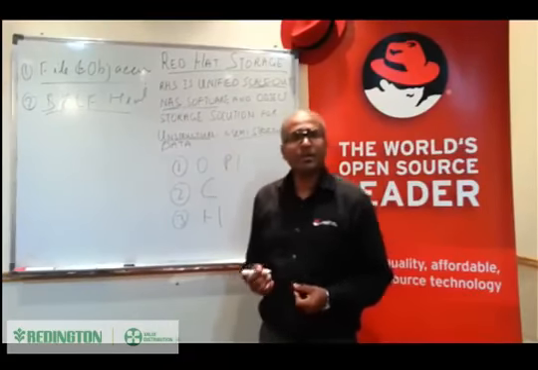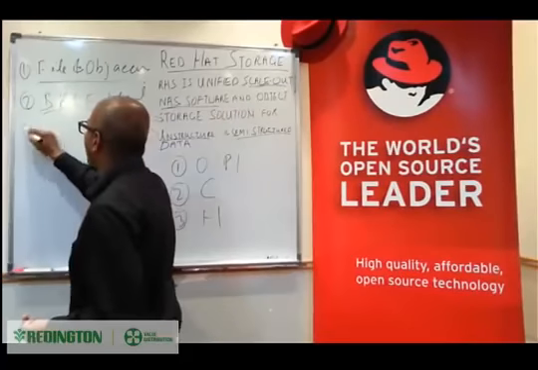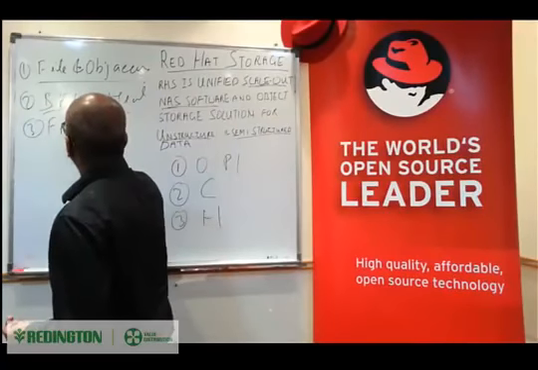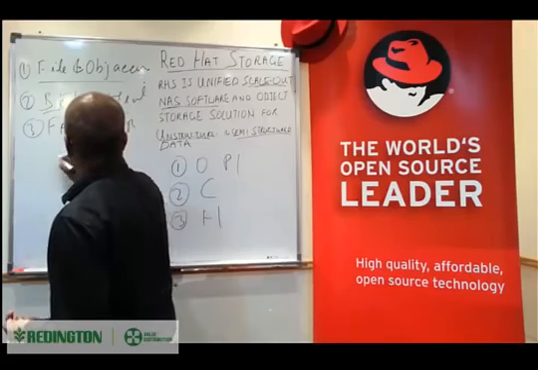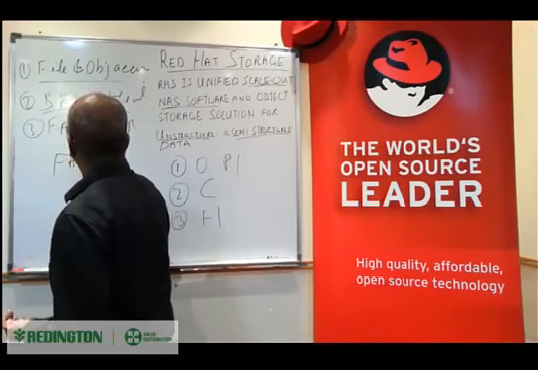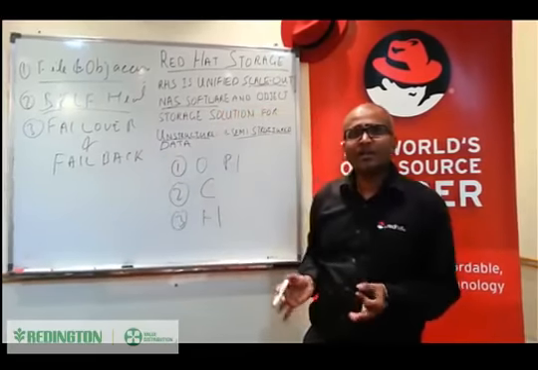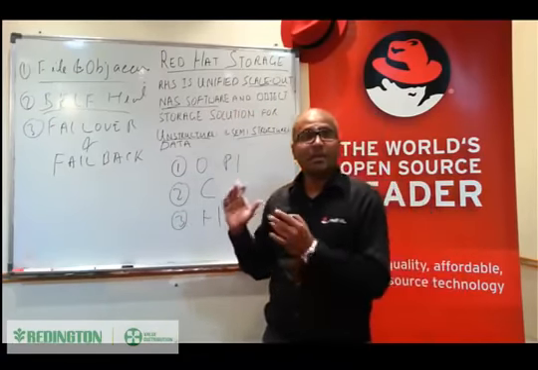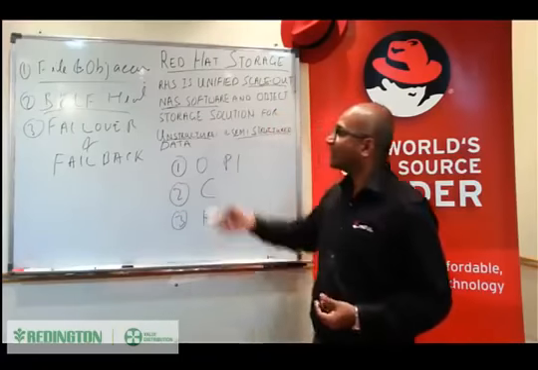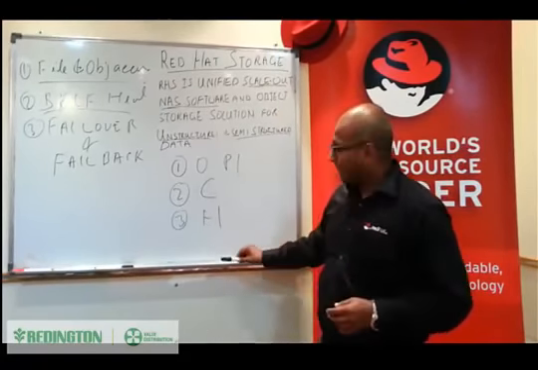Third and another important feature is failover and failback. Now failover and failback is between master and slave while doing the synchronous replication. So these are the three important features of Red Hat Storage.